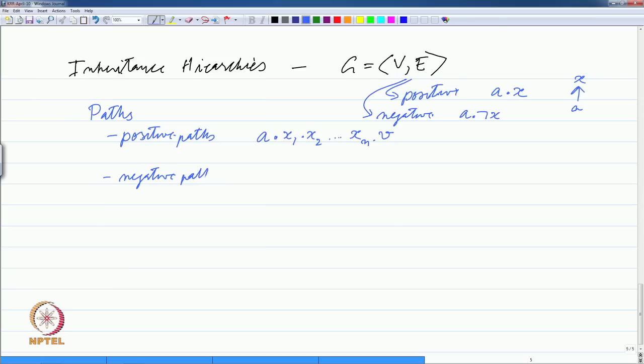Negative paths are of the kind a dot x 1 dot x 2 dot x n dot not v. So, only the last edge can be negative.